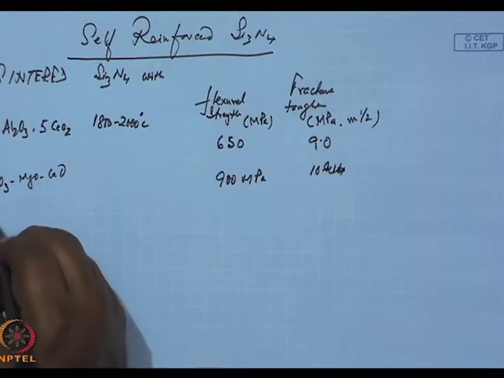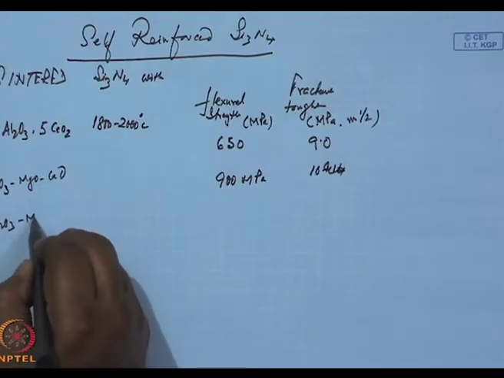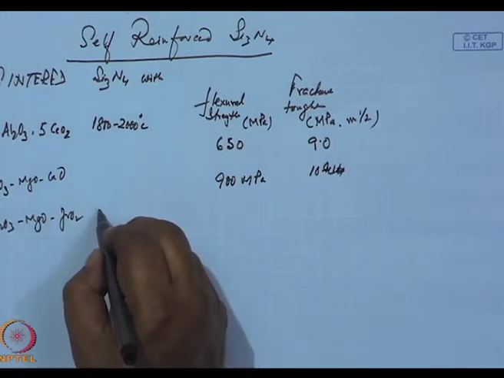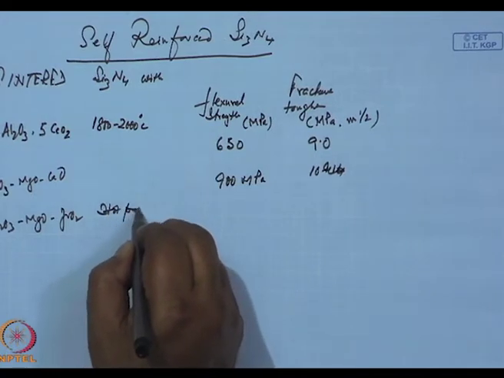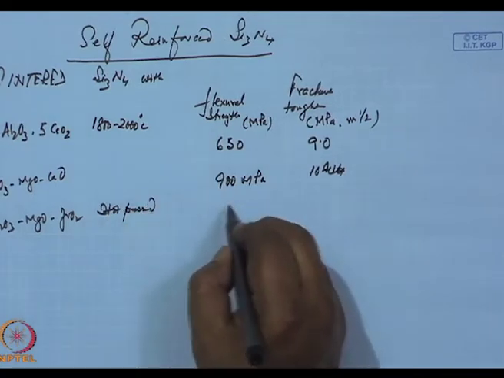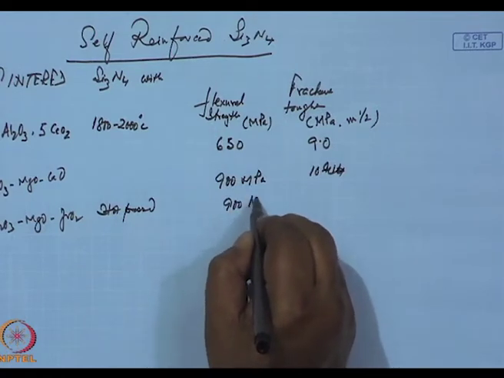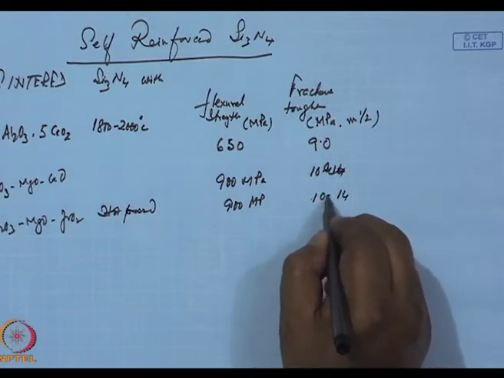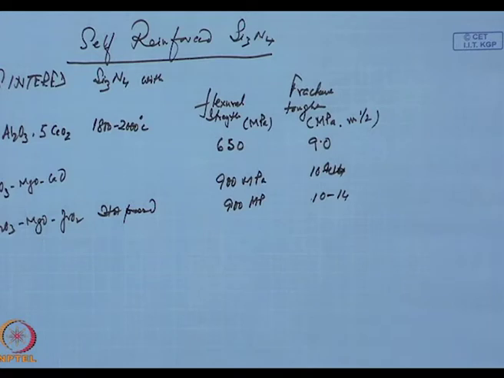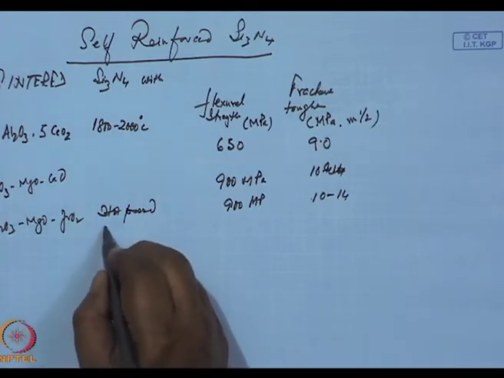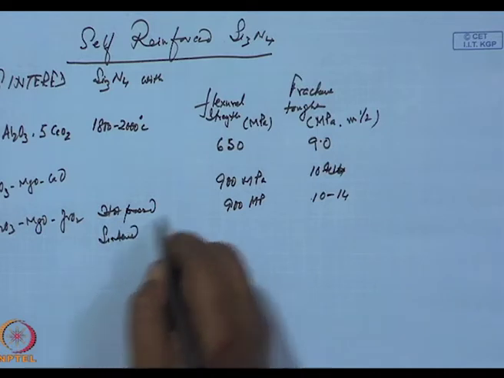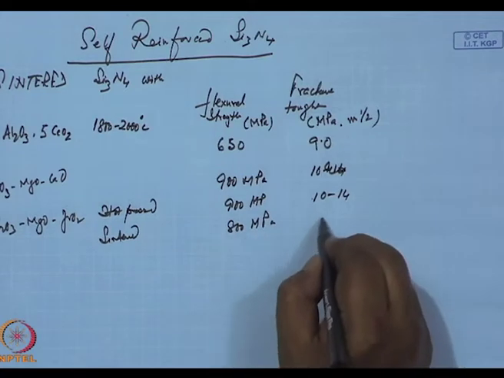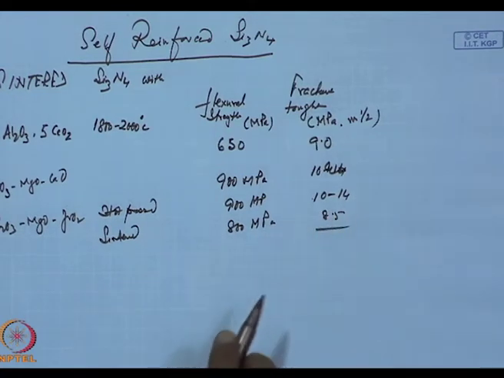Whereas, if I had taken yttrium oxide, magnesia, zirconia and had hot pressed it, the values would have been 900 megapascals, and 10 to 14 fracture toughness. But if instead of hot pressing I had merely sintered, the values would drop, and this is what I would get.